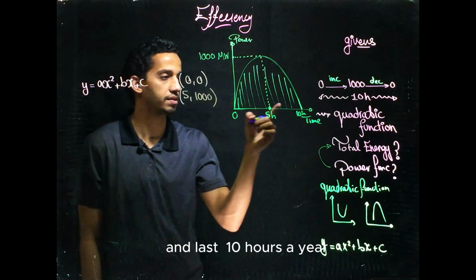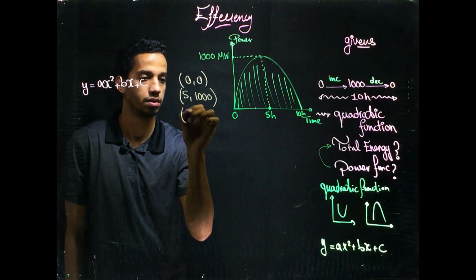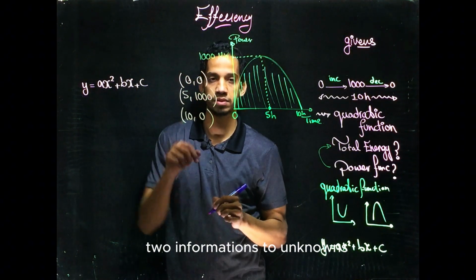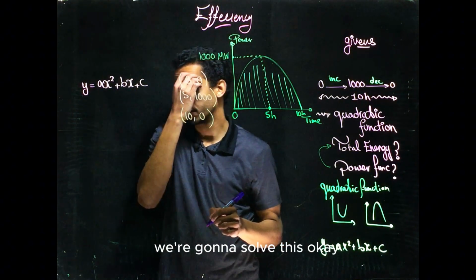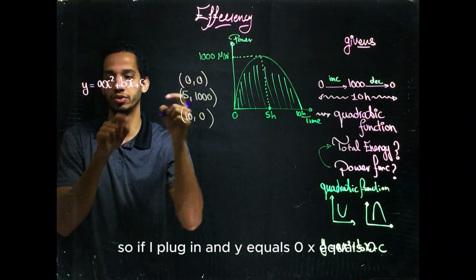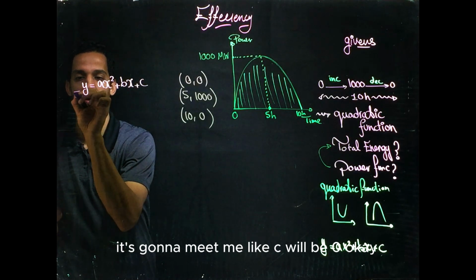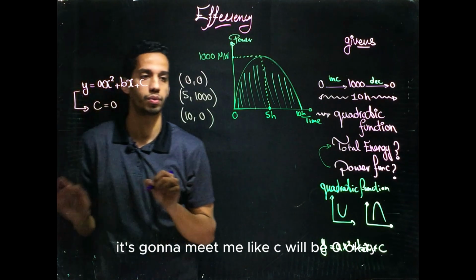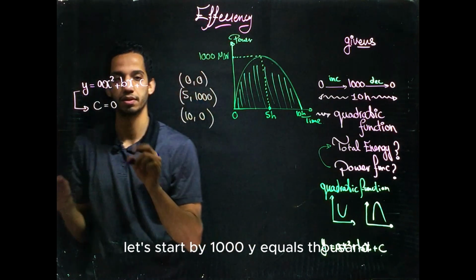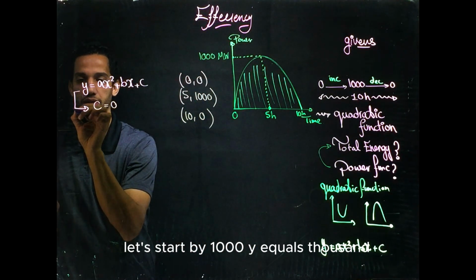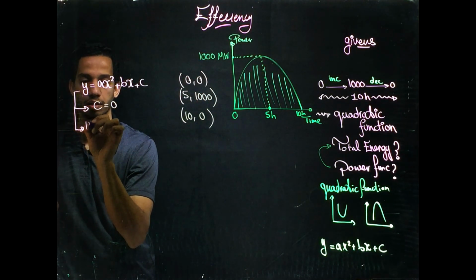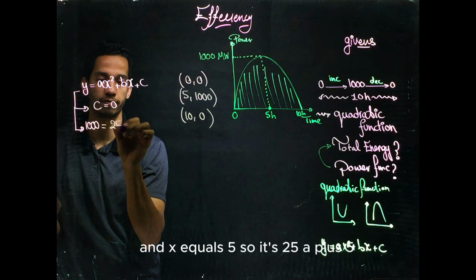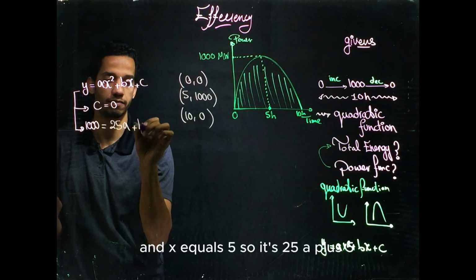And lastly, 10 and 0. Two equations, two unknowns, we're gonna solve this. Okay, so if I plug in y equals 0, x equals 0, it's gonna give me c equals 0. Okay, let's plug in the 5 and 1000. y equals 1000 and x equals 5, so it's 25a plus 5b.